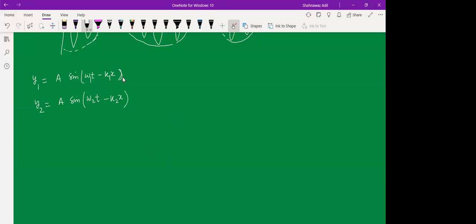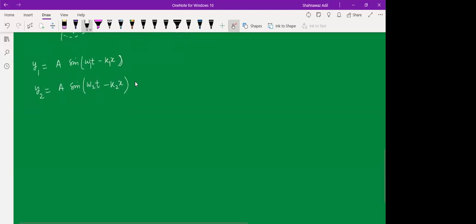These are the two waves, and we know that their frequencies are different.